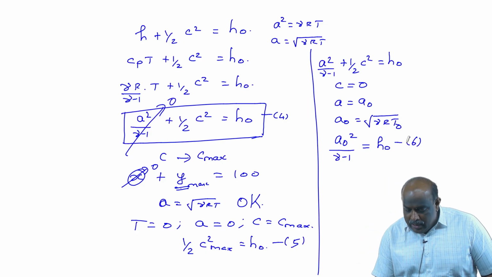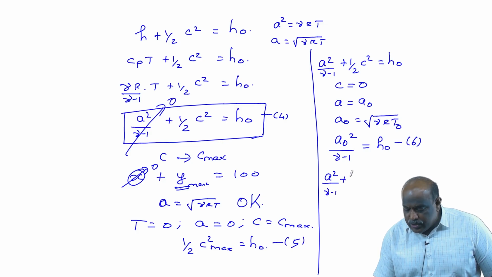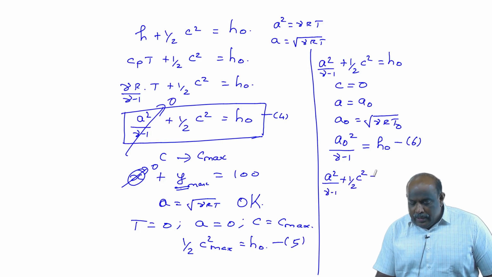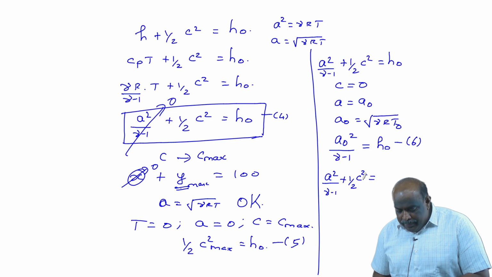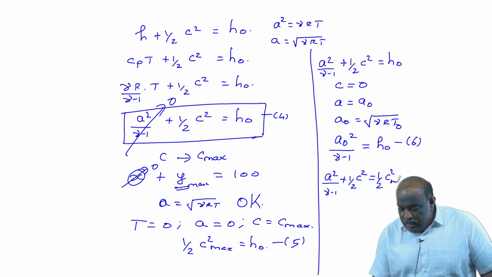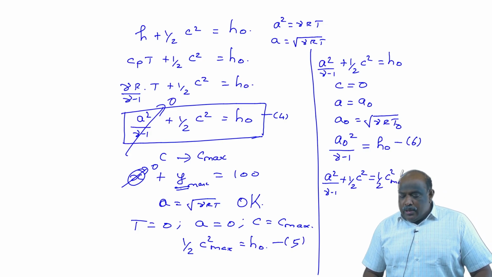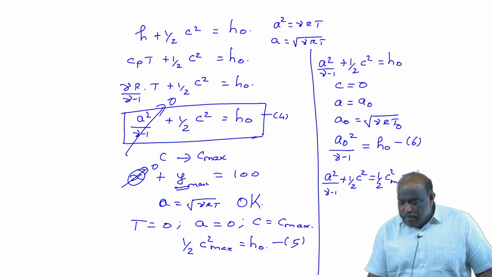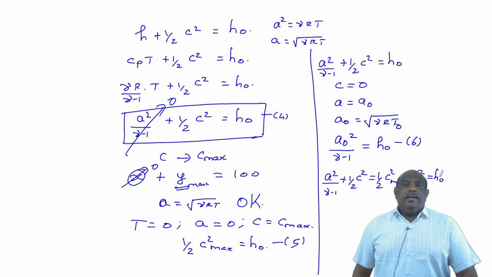How? Because A squared by gamma minus 1 plus half C squared is equal to H naught. For H naught I can substitute from equation number 5, half C squared max. For H naught I can substitute from equation number 6, which is nothing but A naught squared by gamma minus 1, which is equal to H naught.